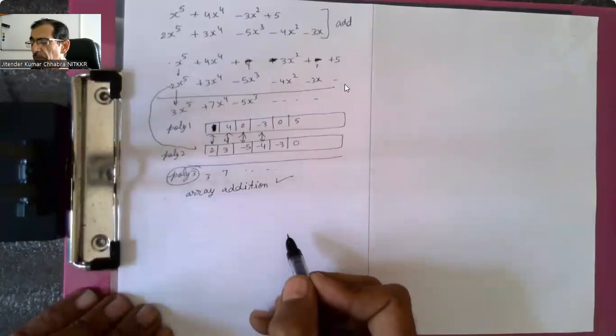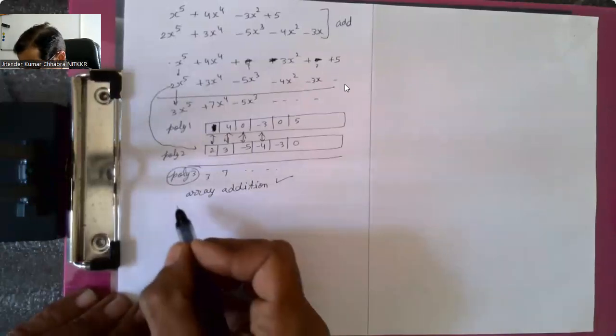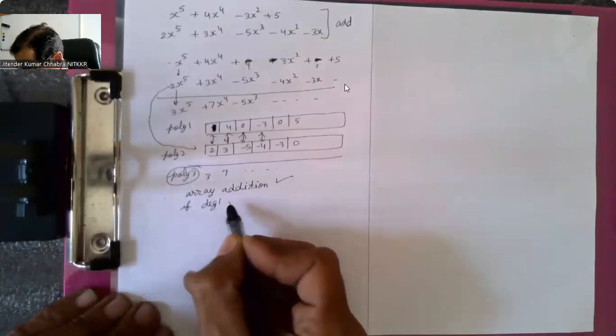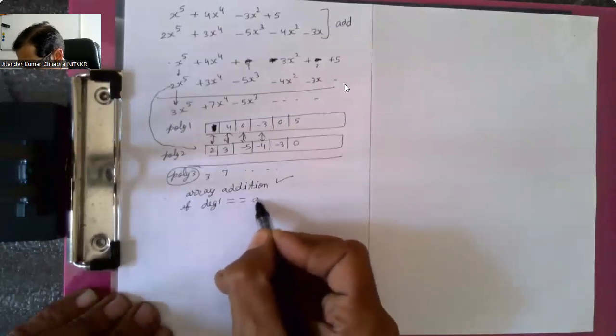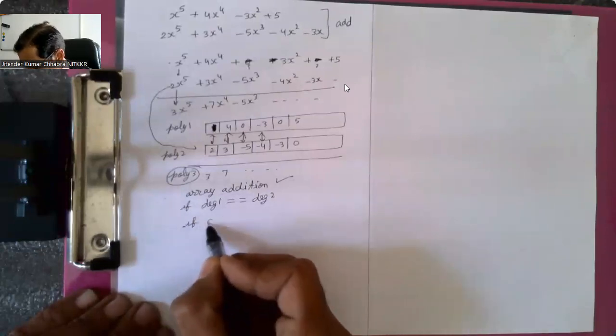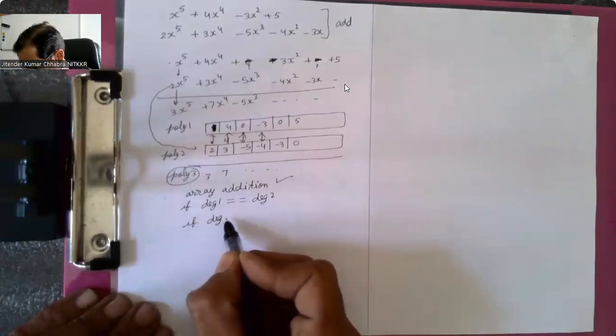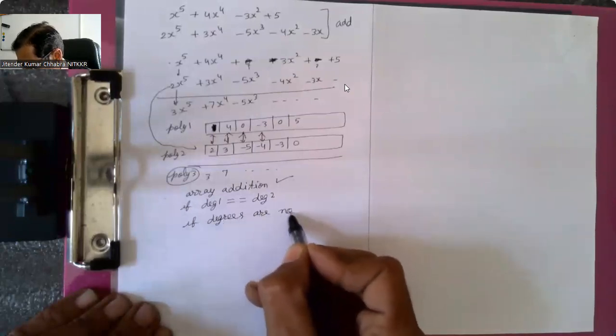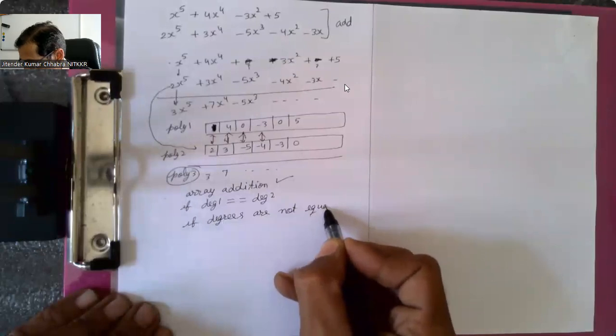So the logic is simple, but this logic was applicable if degrees were equal. If degrees are not equal, then what did we do? Again, how to make a logic?